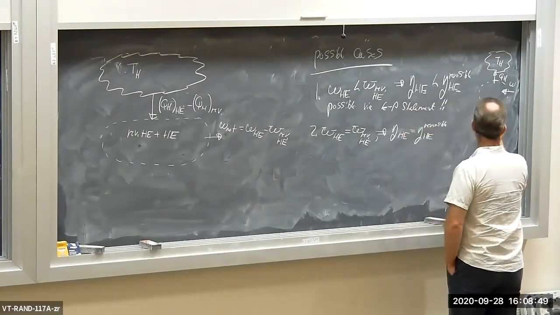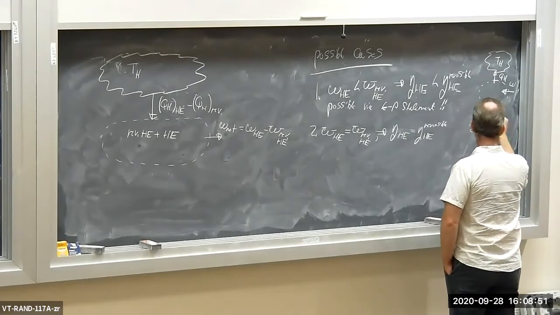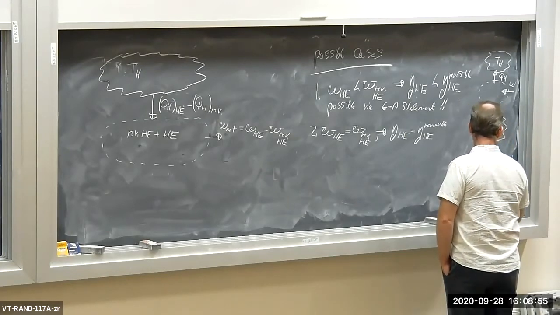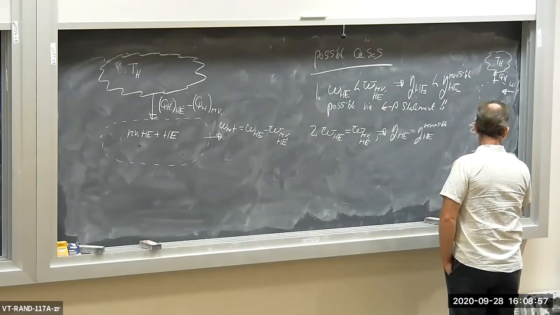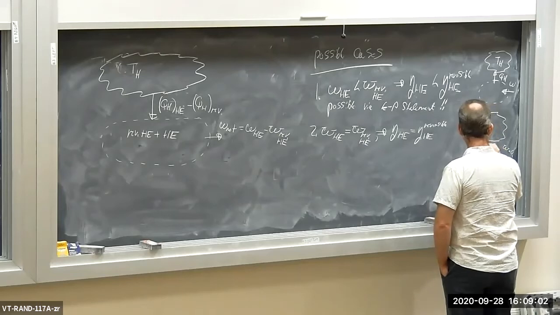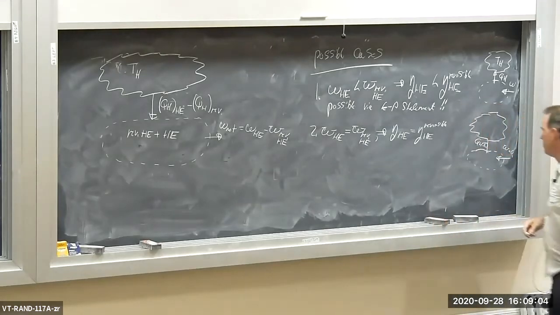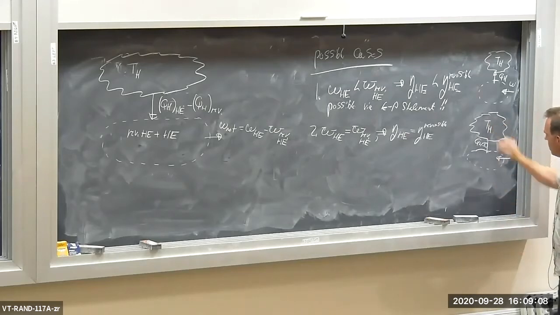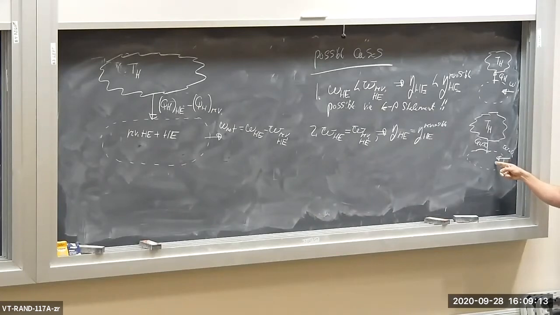And the picture here is work equals 0, Q high equals 0. Here's our high temperature reservoir. In this case, the system produces or consumes no work, therefore rejects no heat, therefore it does nothing.